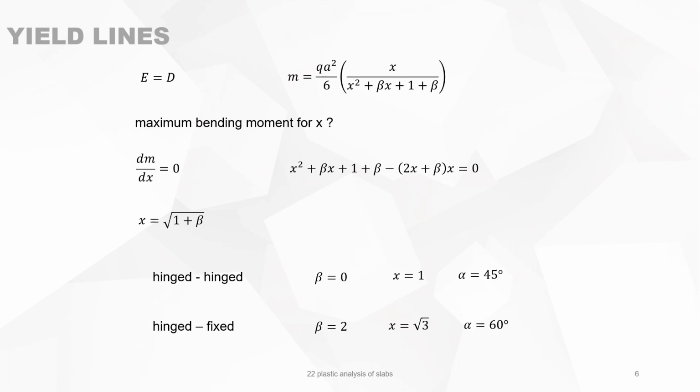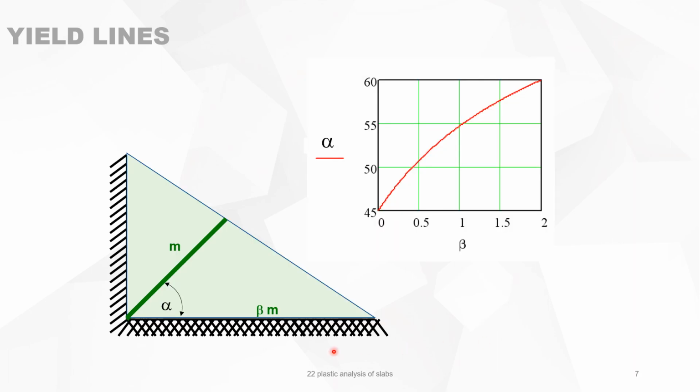So again, that coincides with the rule that we are using. This simple relationship you can now put into a graph. This is beta, and this is the angle alpha. Then you will see that alpha, according to the value of beta, is going from 45 degrees up to 60 degrees.